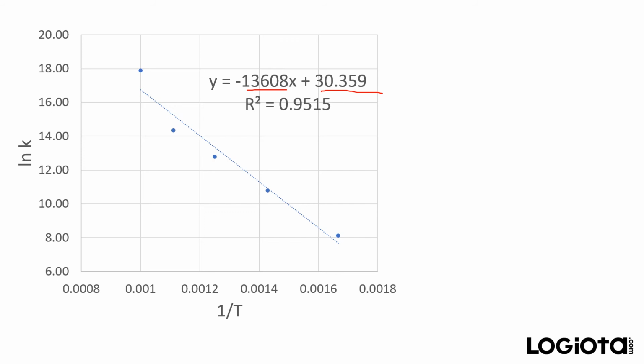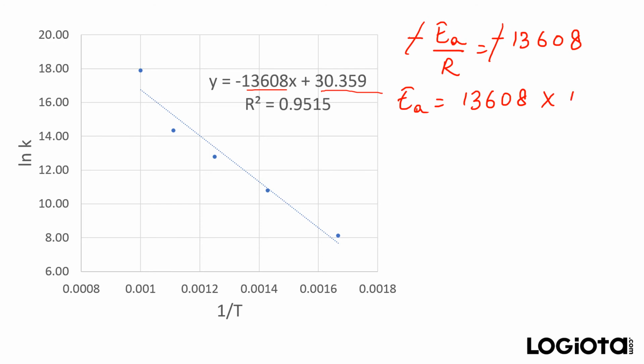From the Arrhenius equation, I know that the slope is equal to minus EA over R, so minus EA over R is equal to minus 13608. Now I'll cancel the minus sign and I'll get EA is equal to 13608 multiplied by R.